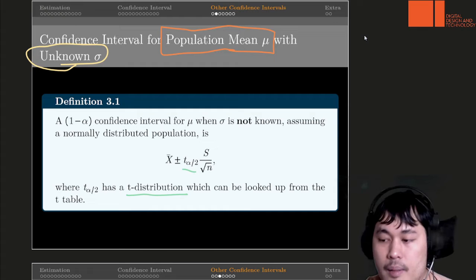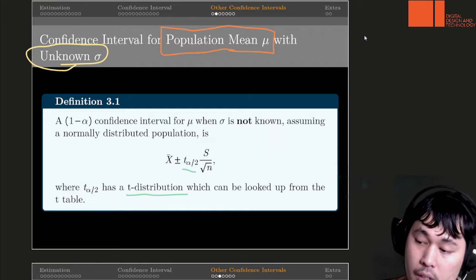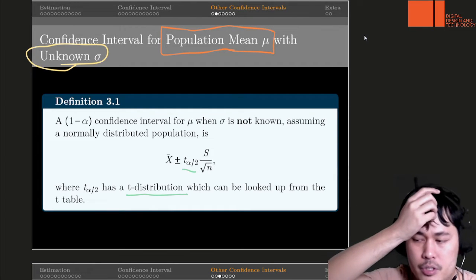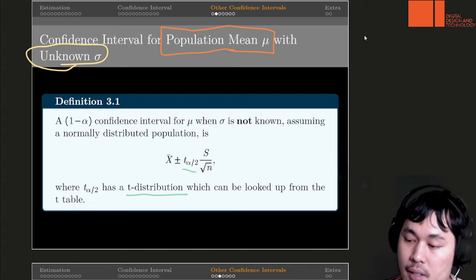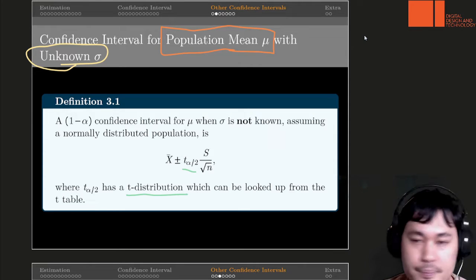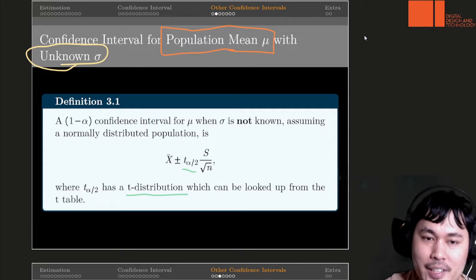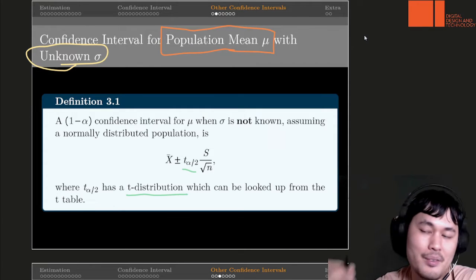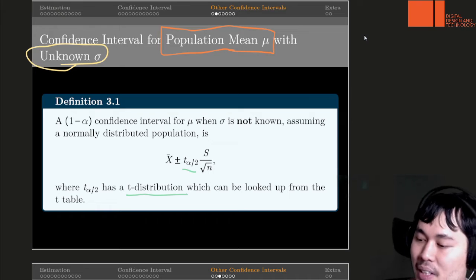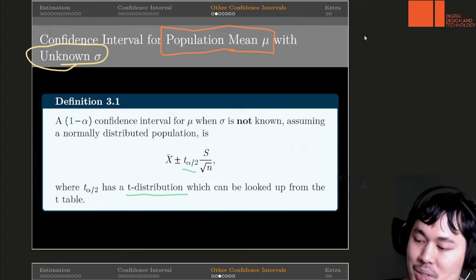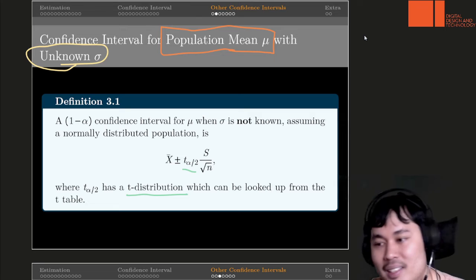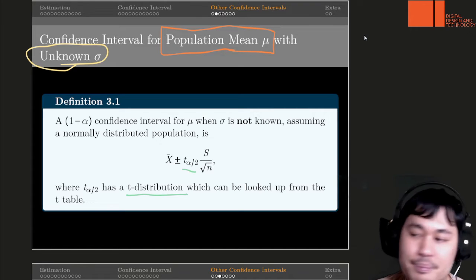If you don't know sigma, then this is no longer the normal distribution, and this is actually called a t distribution. Since it is a different distribution, it has a different table, a different formula, a different app. So in practice, just make sure you use the correct formula or the correct table to compute that.